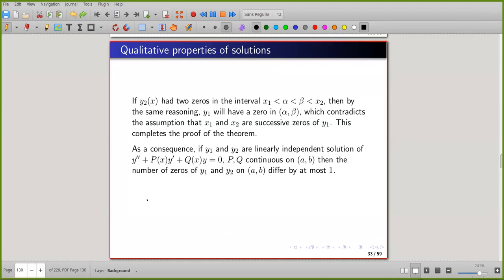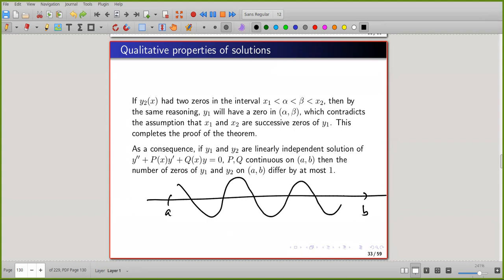Let's say this is our a and this is our b, and this is the graph of y1(x). Then y2(x) will have a zero here, here, here, here, and here.